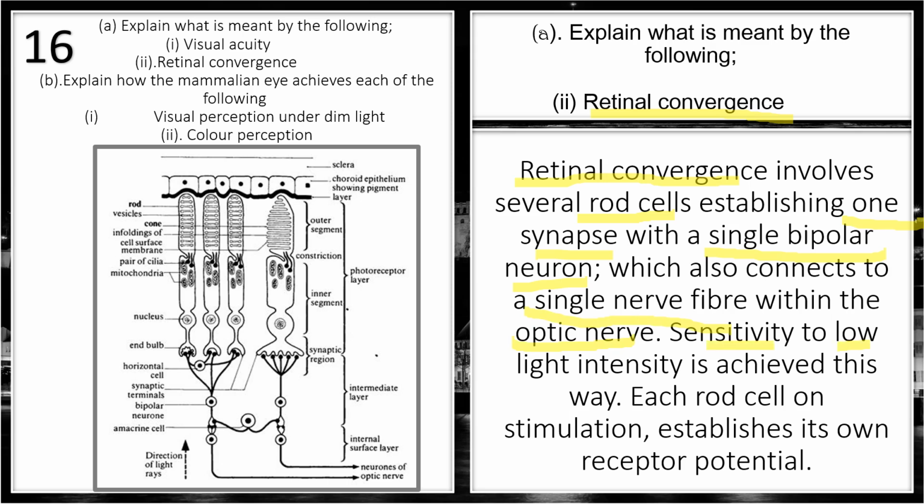Sensitivity to low light intensity is achieved this way. Each rod cell stimulation establishes its own receptor potential.